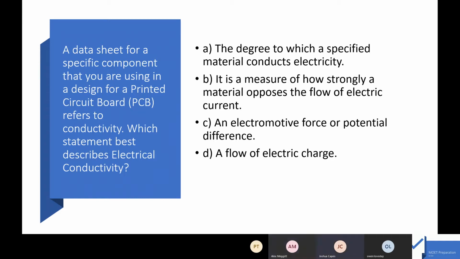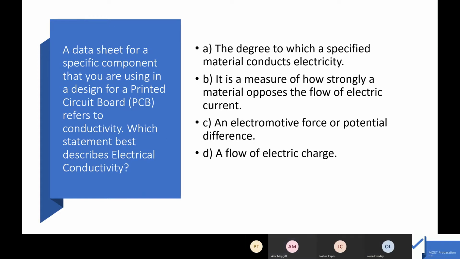The clue is in the question, isn't it? If you look at the question, we're referring to conductivity. So let's look for the one answer that says conduct in it. Let's look at the other answers just out of interest.